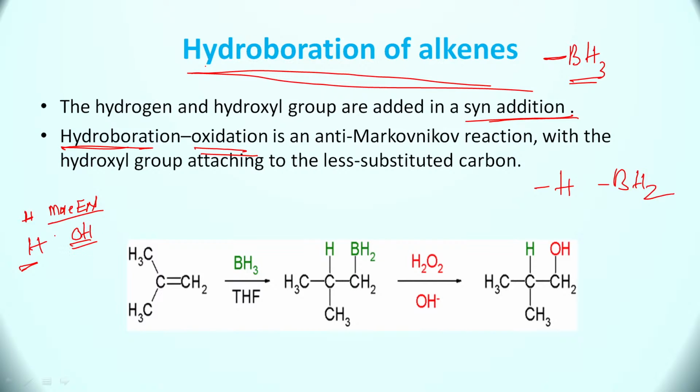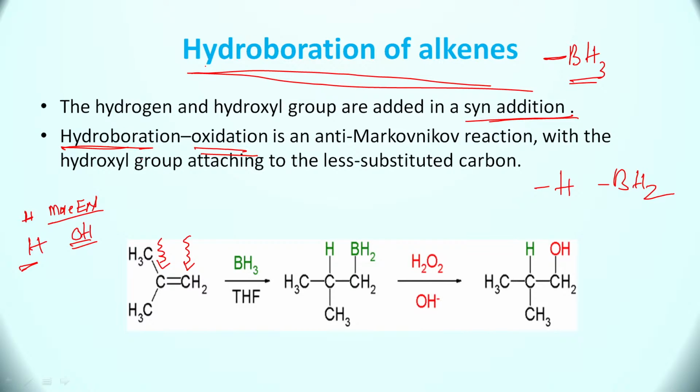In case of electrophilic addition reaction, by Markovnikov rule, the H adds at the carbon with more number of hydrogens. Generally H adds at this position and OH adds at this position in case of electrophilic addition reaction.